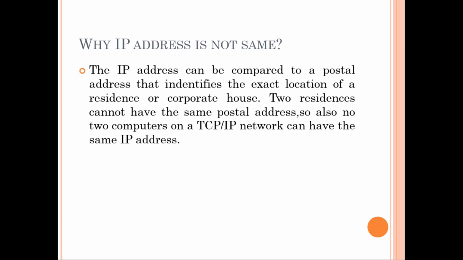Like any courier or anything that comes by post to your house, if your house and your neighbor's house had the same postal address, then there will be confusion about where to deliver the item. Same here in the era of computer networks, no two computers should have the same IP address. So every device connected to the internet must have a unique IP address.